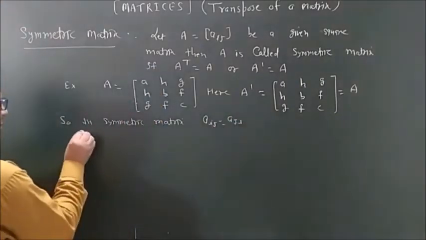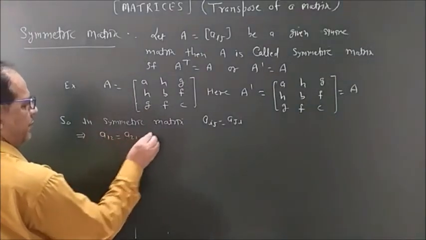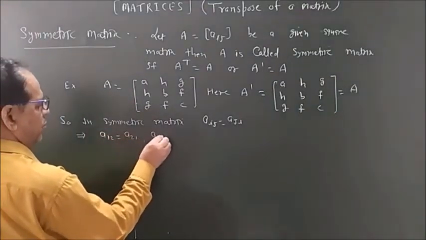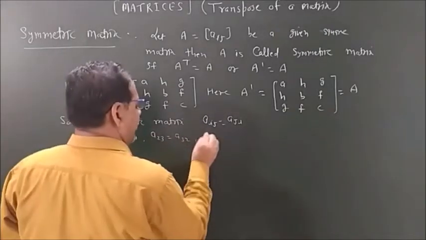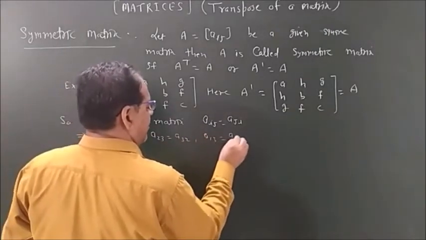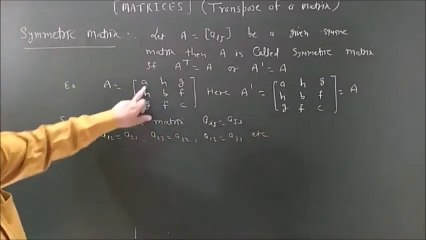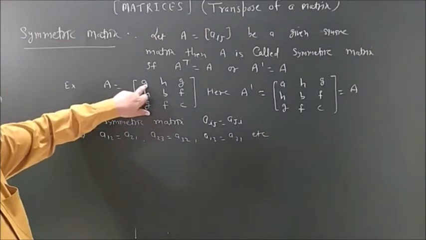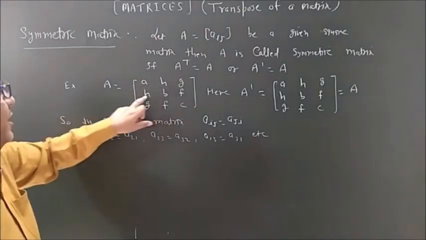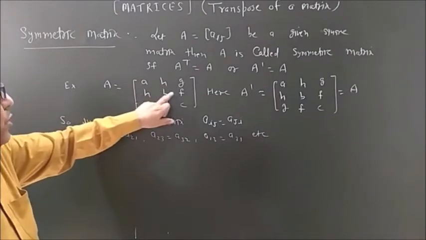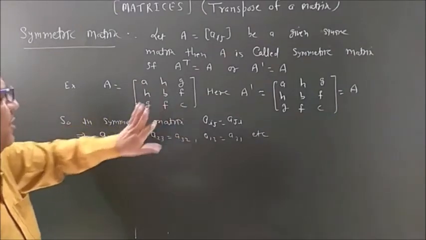This implies that A12 equal to A21, A23 equal to A32, A13 equal to A31, etc. The entries are placed as A11, A12, A13, A21, A22, A23, A31, A32, A33.